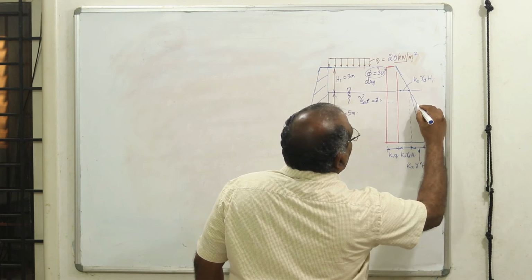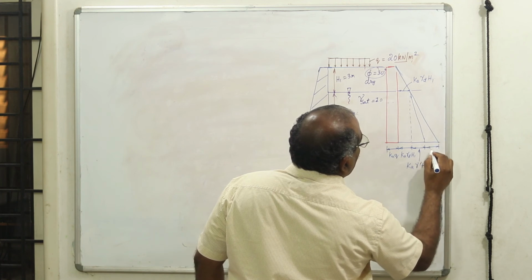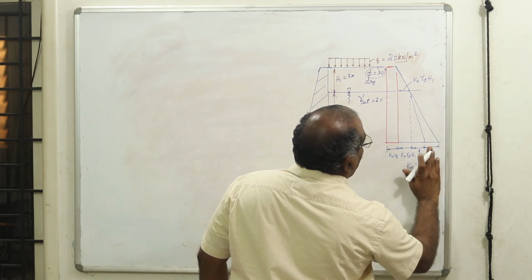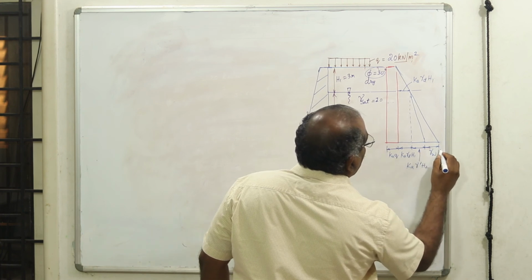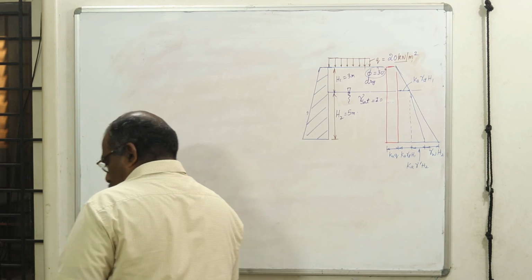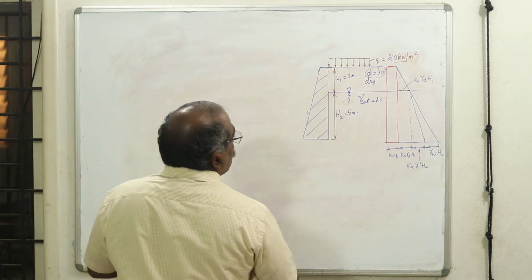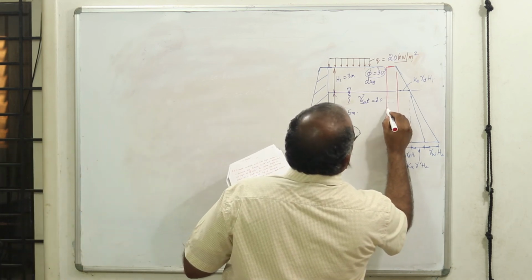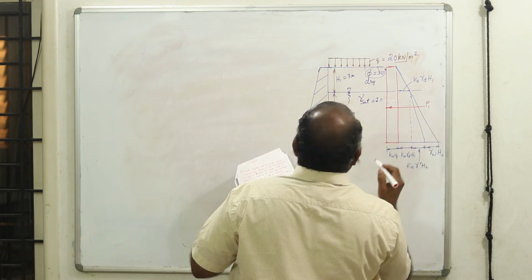Then we will have the pressure distribution for your water. You will not have K, you will have gamma W into H2. This is the pressure distribution. Now this will be at the middle, this will be P1.